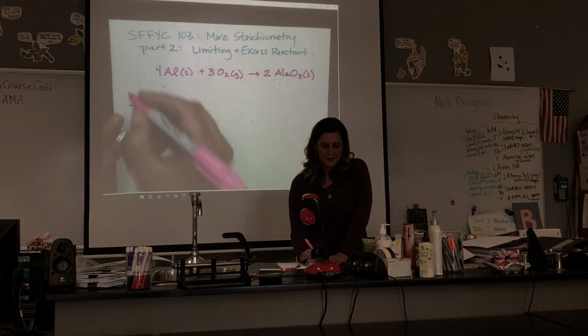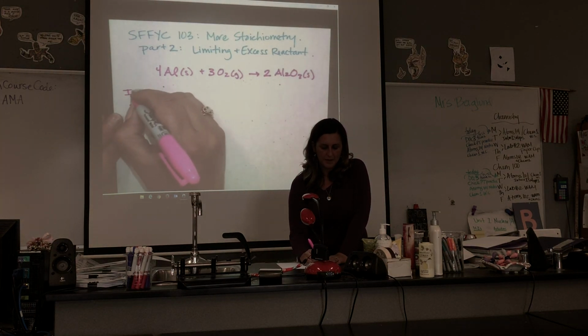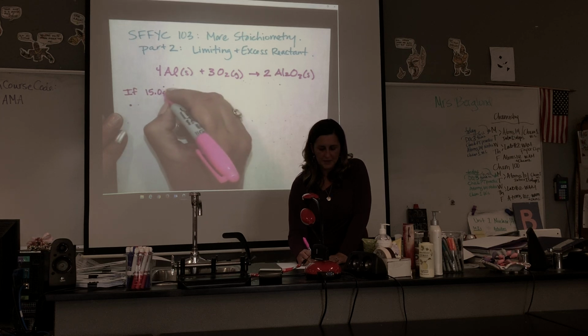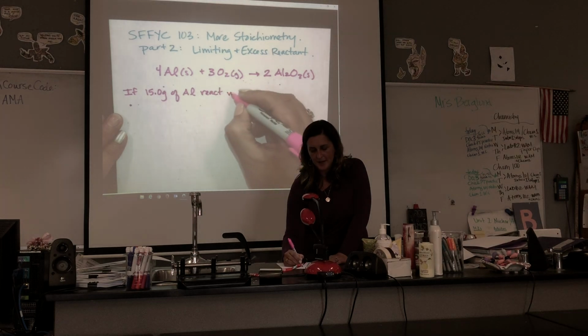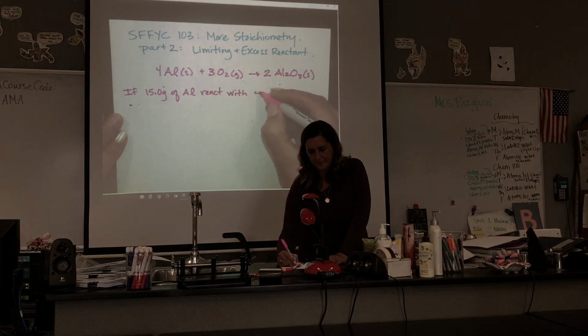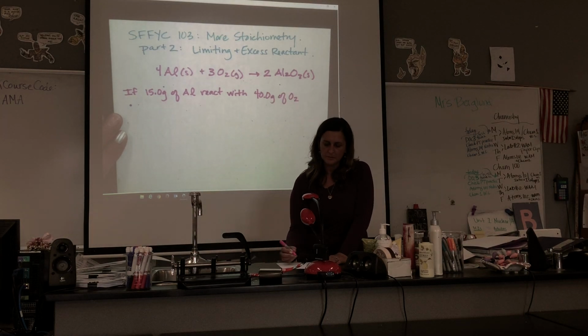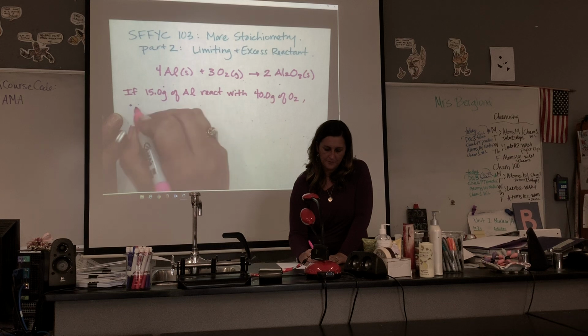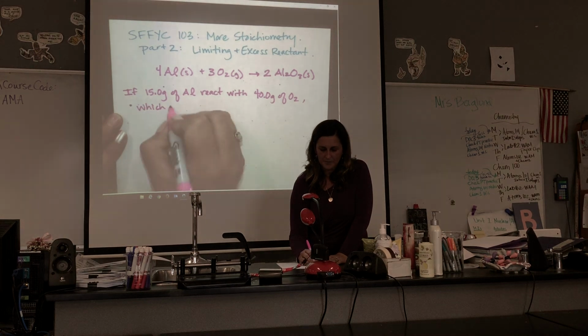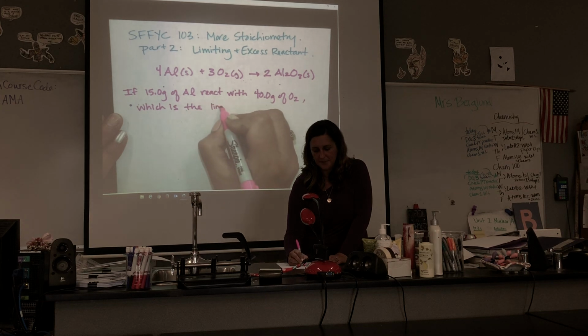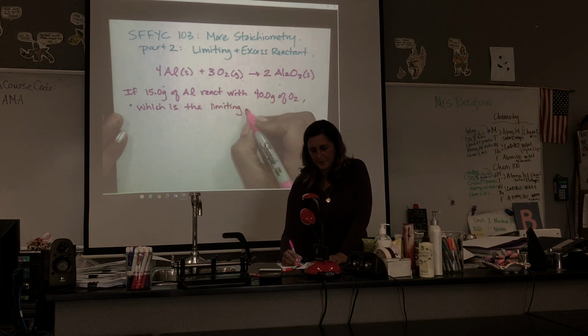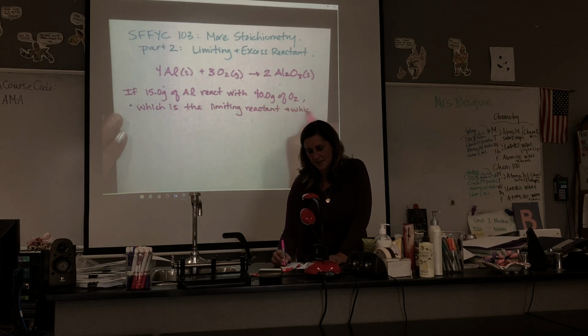And a problem of this nature might start with, we'll say, 15 grams of aluminum react with 40 grams of oxygen. And the question would ask, which is the limiting reactant and which is the excess?